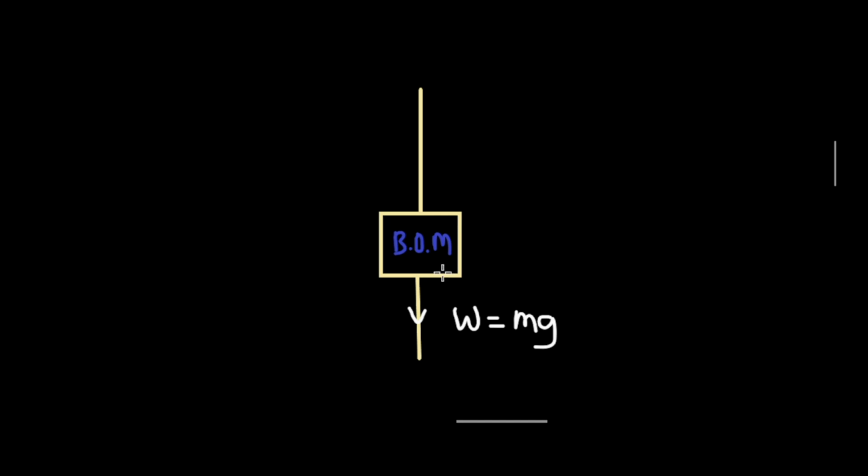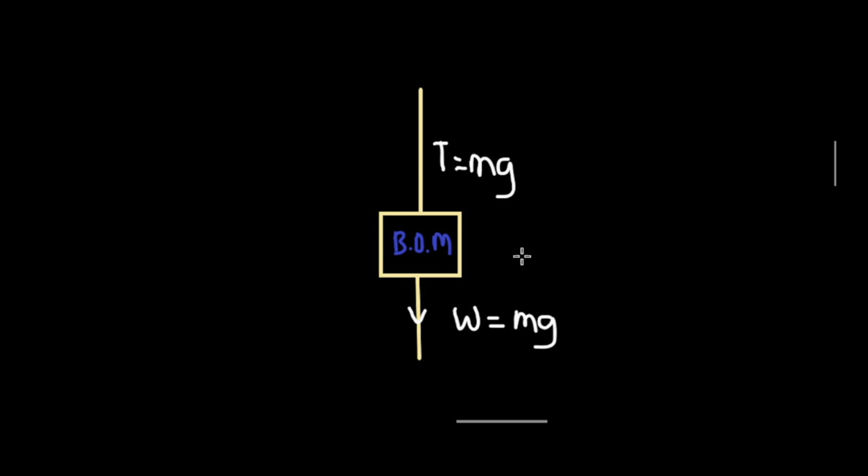So tension is needed, which will be in the rope above. Tension, which I'm going to represent as capital T, is felt in order to keep the block of mass in equilibrium, to make it not fall down due to the effects of gravity. If this is in equilibrium, then our tension will be equal to mass multiplied by gravity, because then they cancel out.